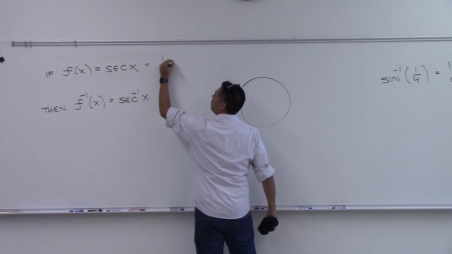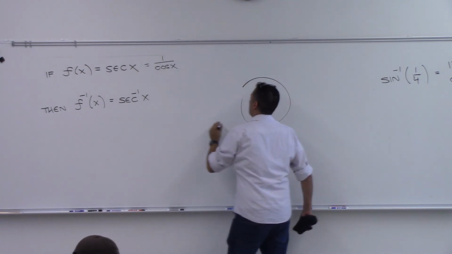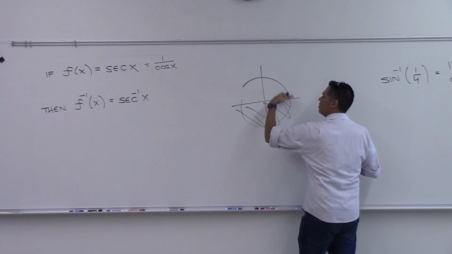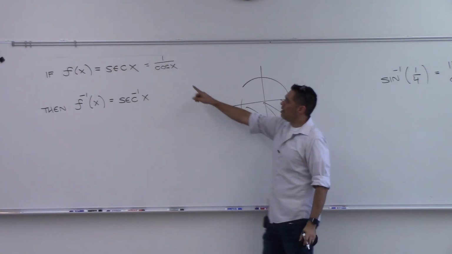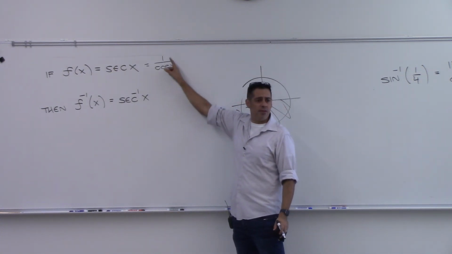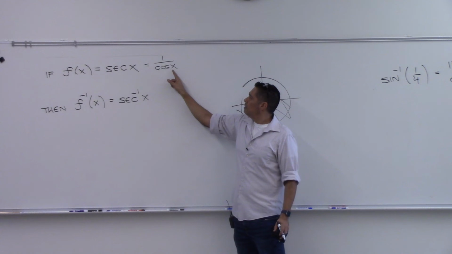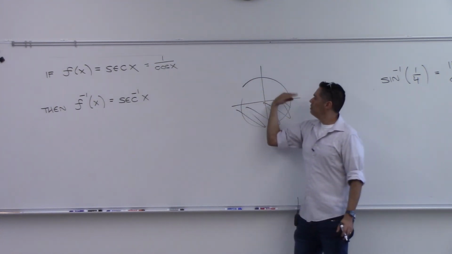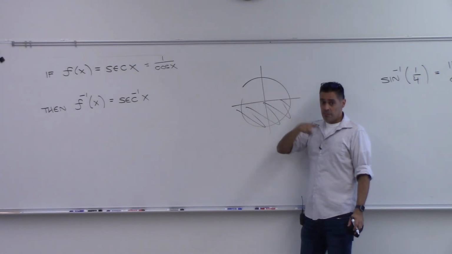If this is really 1 over cosine, and I'm going to restrict myself between 0 and pi, is there anywhere where I'm going to have a problem and get division by 0? At what angle is cosine 0 here? Pi over 2. Pi over 2, exactly.